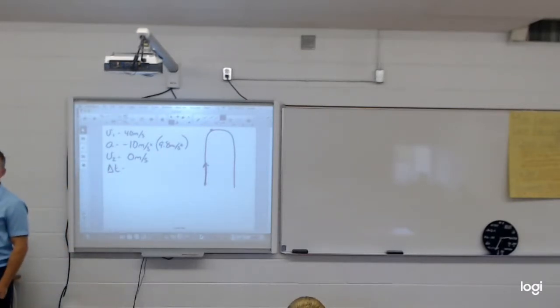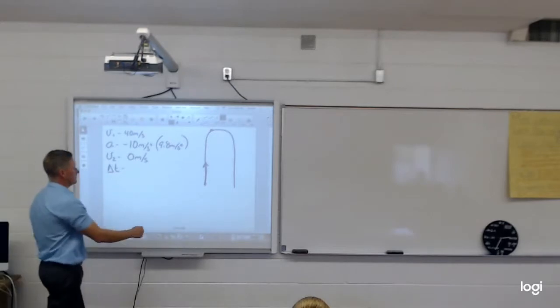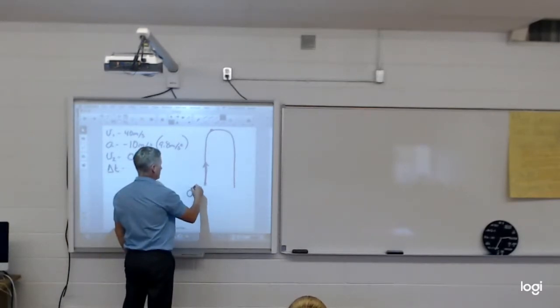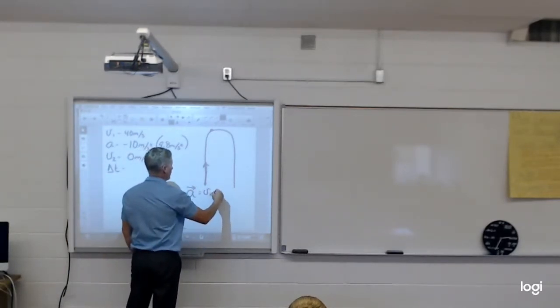And on your sheet, which one of the equations has V2, V1, A, and time? The first one does. Now, we didn't have these when we did this. So, you needed to use acceleration equals V2 minus V1 over delta t.